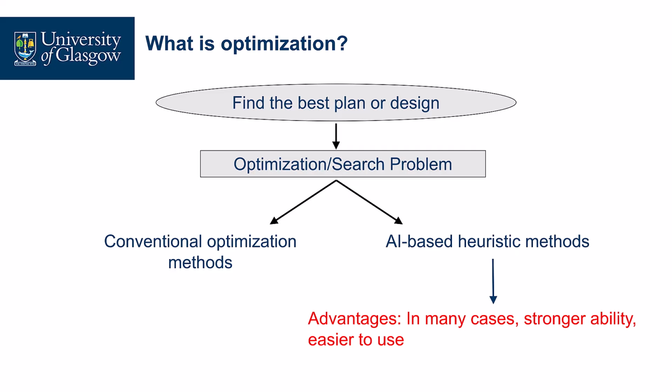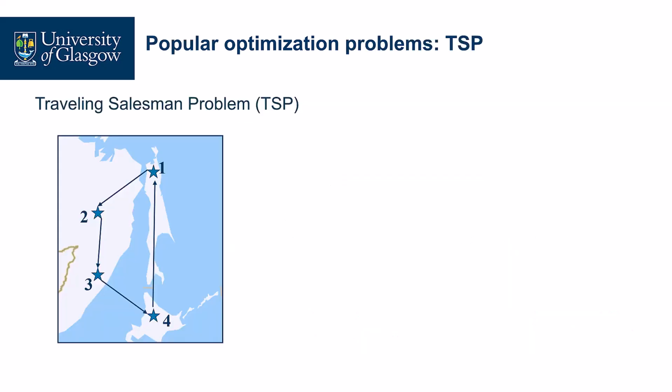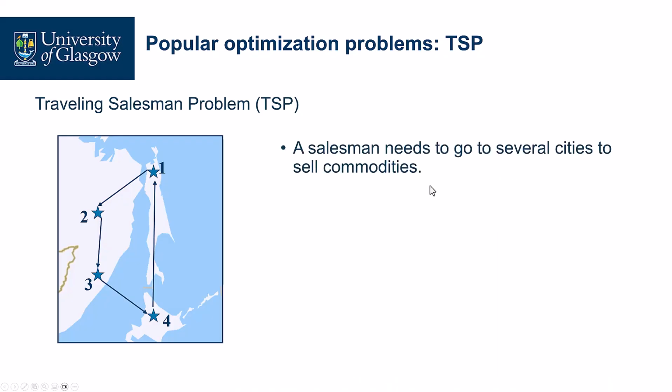Now let's first see some popular optimization problems. The first one is the TSP, traveling salesman problem. I think maybe you have heard that before. So there are several cities that the salesman needs to travel to sell the commodities. However, he has many travel routes.